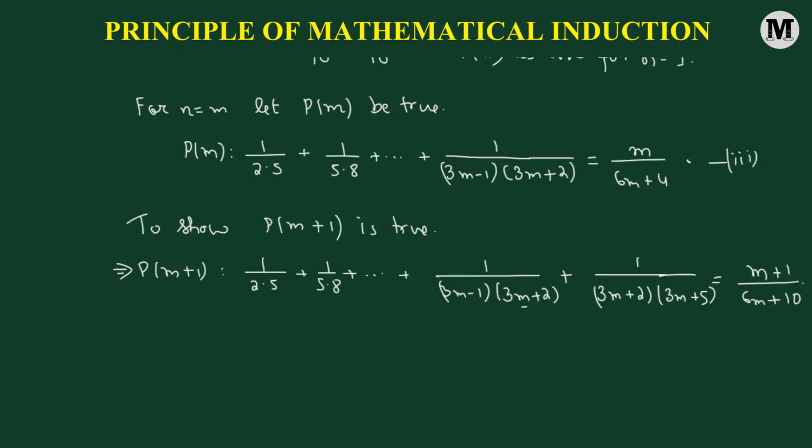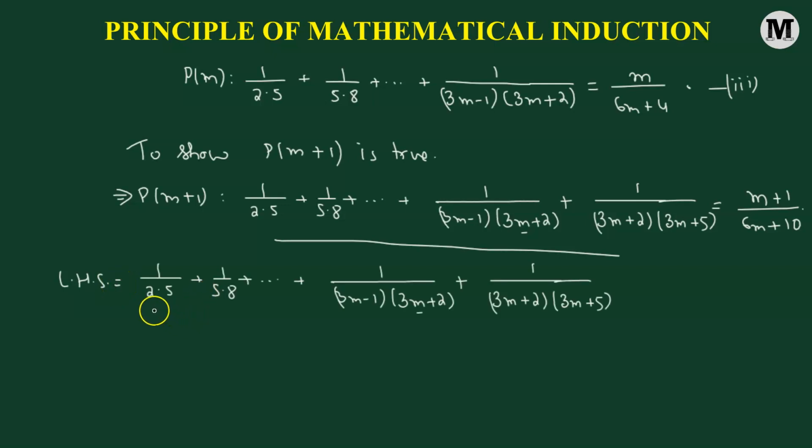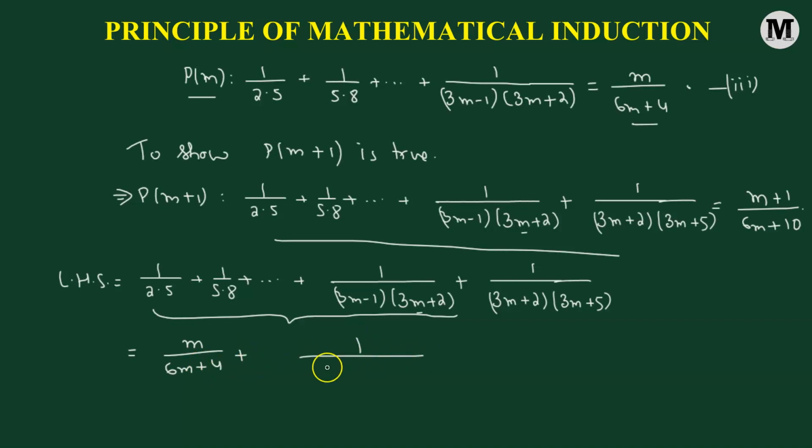Okay, fine. So we'll start from the left hand side. Luckily for us, the first term all the way up to the second last term is nothing but m over 6m plus 4, because we have already assumed that P of m is a true statement, which means we can replace this sum with m over 6 times m plus 4, added to 1 over 3 times m plus 2 multiplied by 3 times m plus 5.